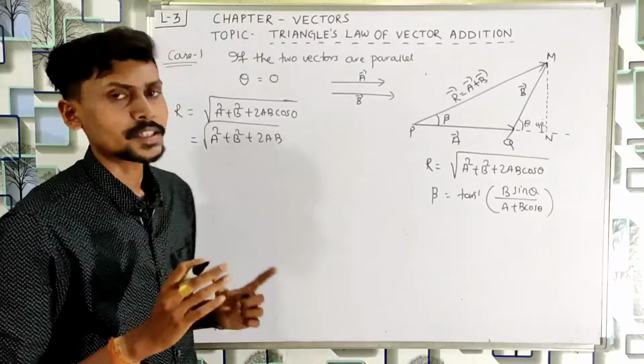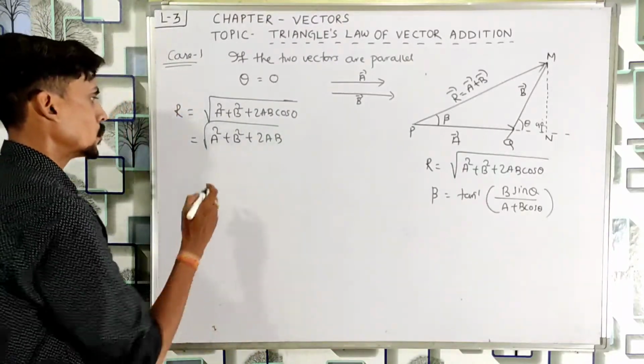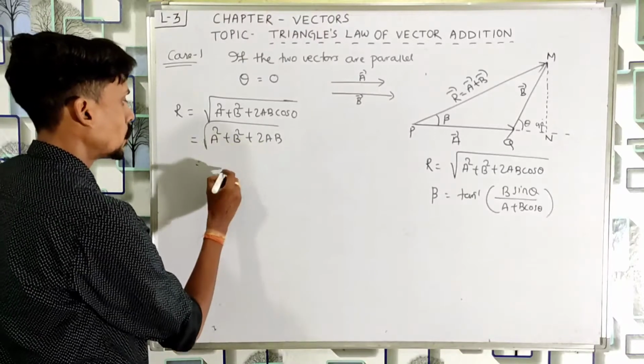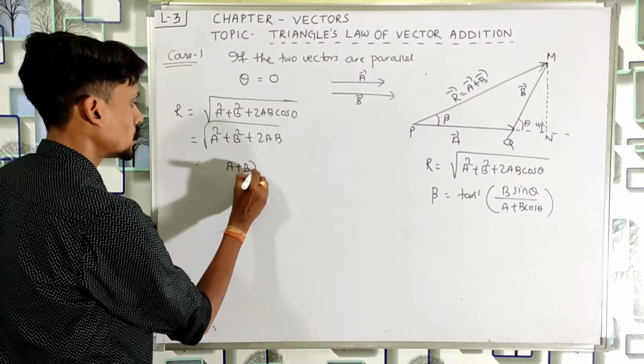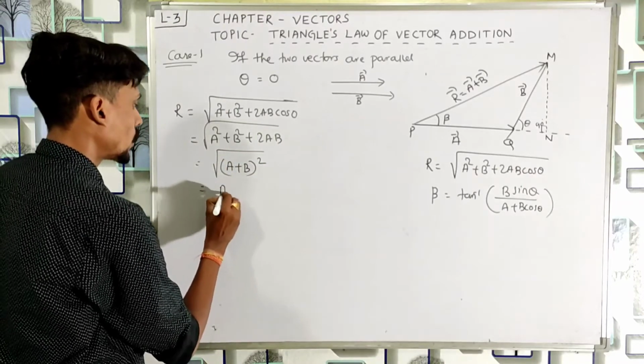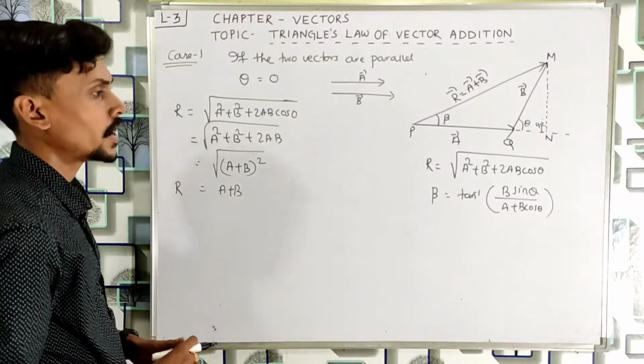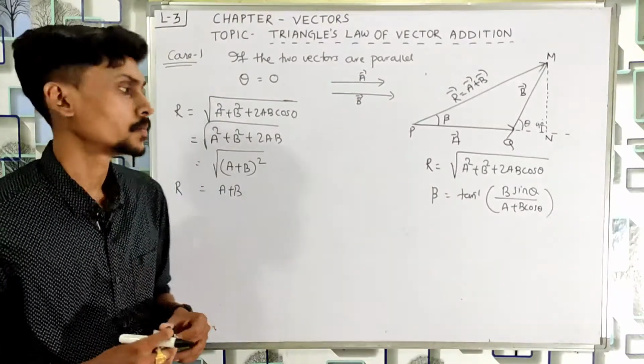Remember that the maximum value of cos theta is plus 1. So this is nothing but A plus B whole square. So I can write A plus B whole square, then give a square root symbol, that is equal to A plus B. So the resultant vector has magnitude A plus B.